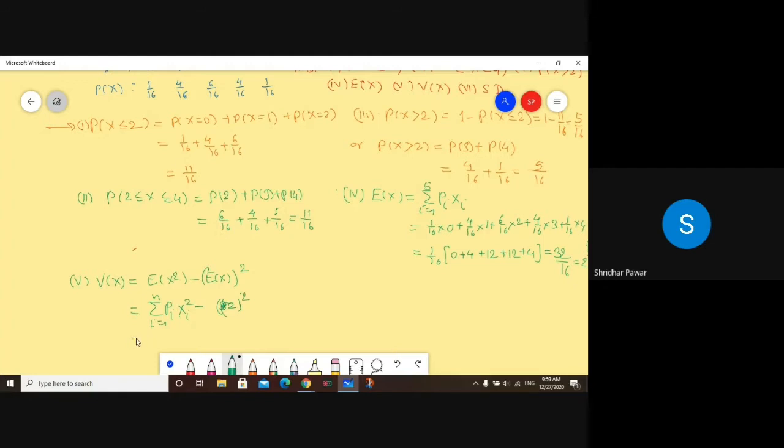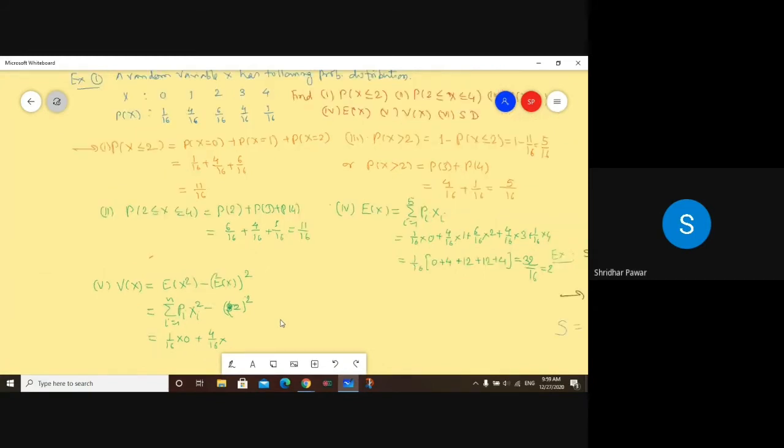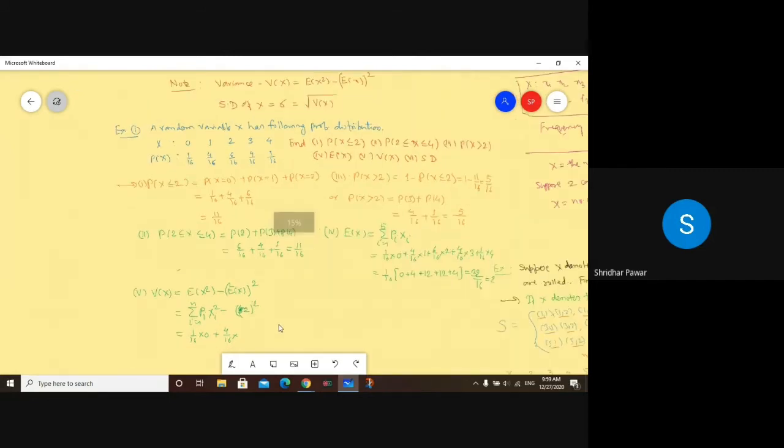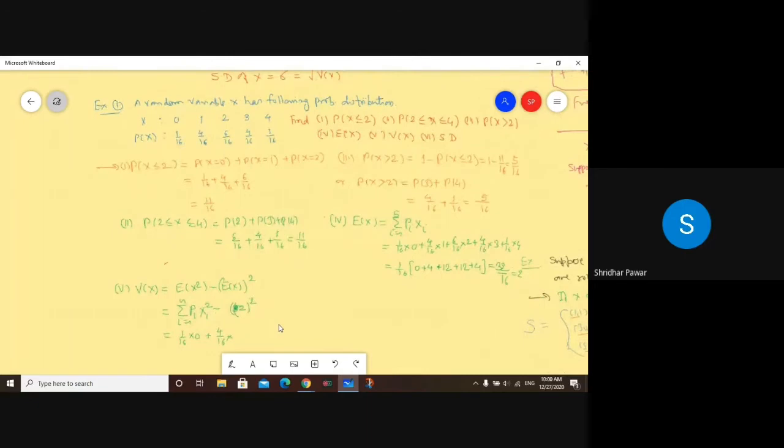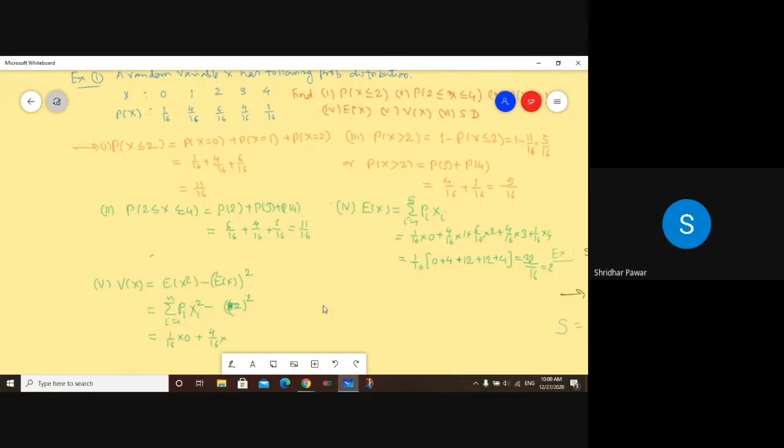Okay. So this is equal to, now pi, probability 1 by 16 into first value of x is 0. 0 square is 0 plus, then next probability is p2 is 4 by 16. Next value of x is 1.